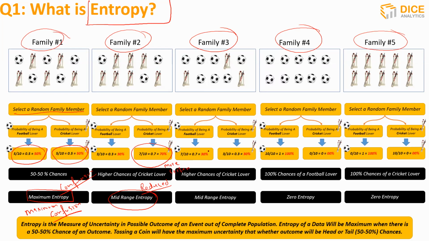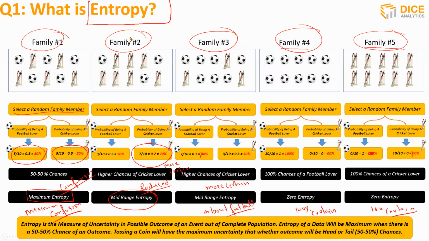Similarly, there is another, you can see that here it will be 70%, here it will be 30%, right? So here we are more certain about football. Then similarly, as we move from family 4 to 5, you can see that you are now 100% certain about a particular class, right?